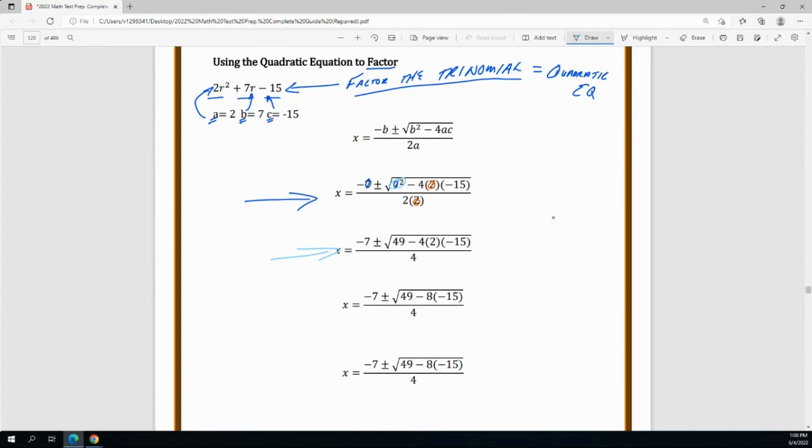The B squared, because I'm following the order of operations, exponents are first, became a 49. Do you see that? That's the only change that was made. Look at the next change in here. What was changed? Well, the 4 times 2 became an 8.